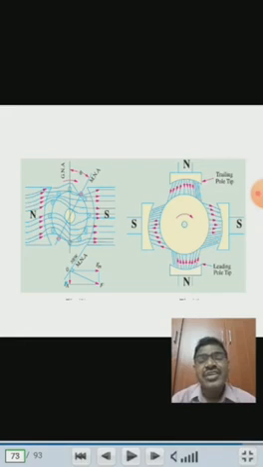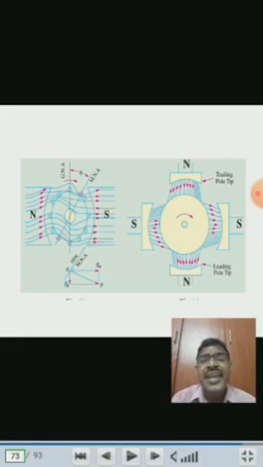So what will happen? These two MMF vectors, OFM, which is produced by the field magnets, and OFA, which is produced by the armature magnetic flux, are vectorially added so that we get the resultant vector OF, which is shown in the diagram. The resultant MMF is always perpendicular to the magnetic neutral axis. Due to this resultant, the magnetic neutral axis is shifted by the angle theta with reference to the geometrical neutral axis.